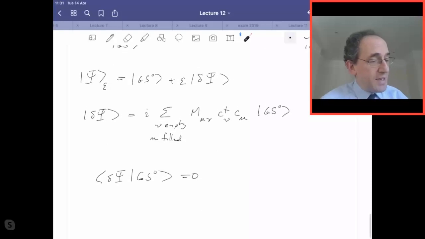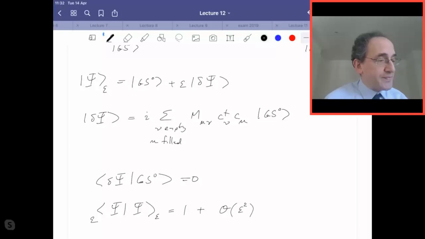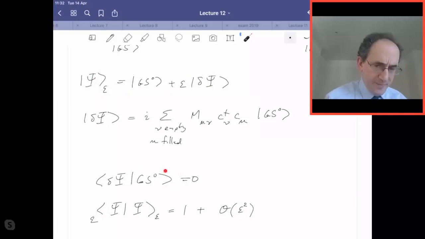And that's nice because it allows us to say that the norm of psi epsilon is 1 plus order epsilon squared. Right? If you square this thing, the order epsilon term will be of this form. So we can drop it.